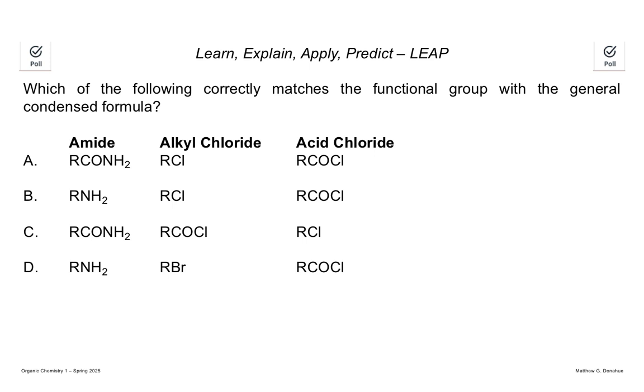So now we have amide, alkyl chloride, and acid chloride. We know that the amide must contain a carbonyl. So that eliminates B and D. This nomenclature here, CO, this is where it can get confusing, so you have to know the Lewis dot. When you expand that out, that CO means carbonyl.